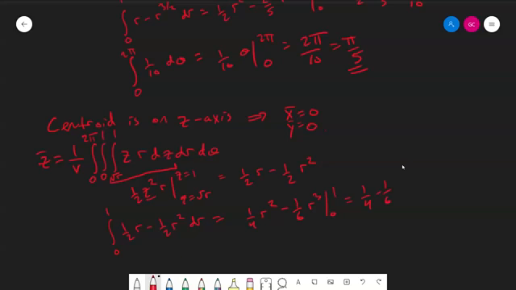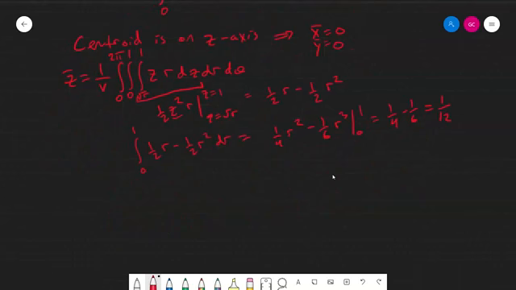So that's 1/4 minus 1/6, which is 1/12. And finally, we have the last integral. So we're up to z bar is 1 over the volume times the integral from 0 to 2 pi of 1/12 d theta. So that's going to get you 1 over the volume times pi over 6.